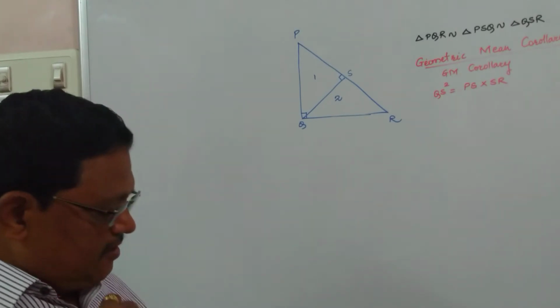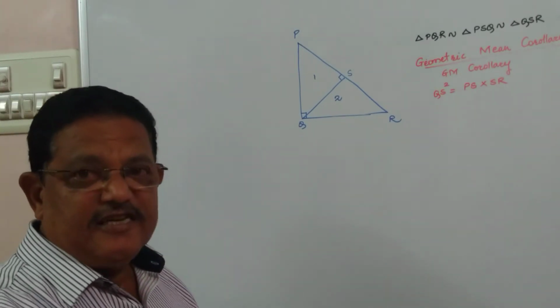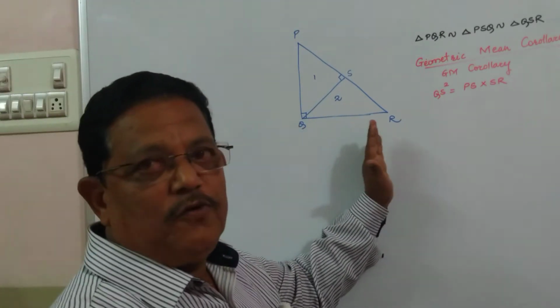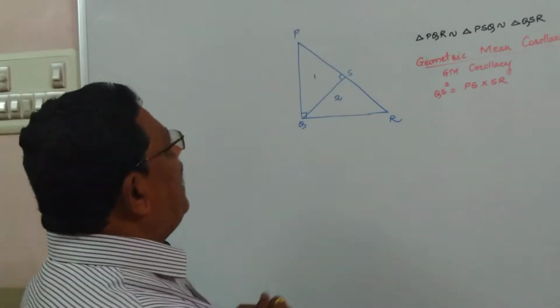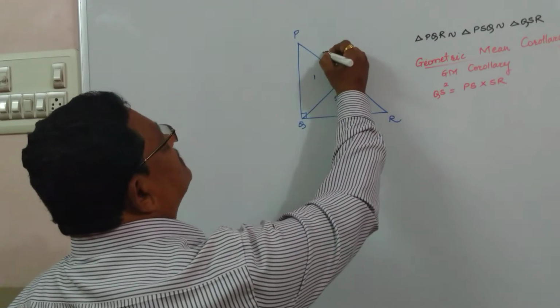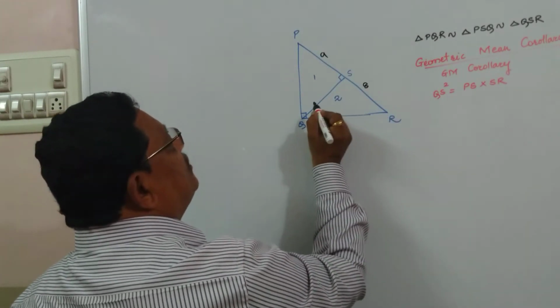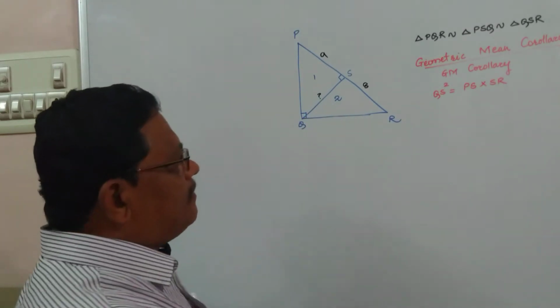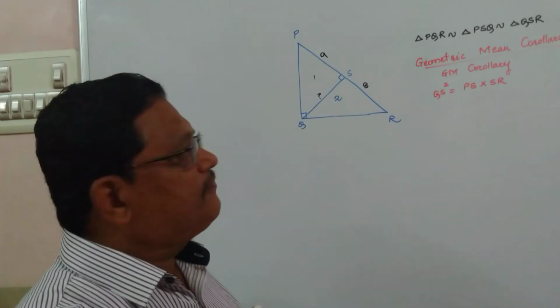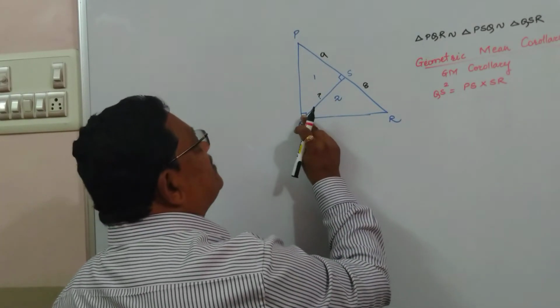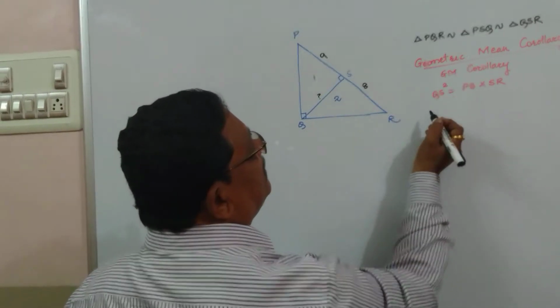Now, based on this, let us see some examples. Consider triangle PQR in which length of PS, let us say, is 9, length of SR is 8. Using the geometric mean corollary, I will get the value of QS. In triangle PQR, angle Q is 90 degrees, QS is perpendicular.